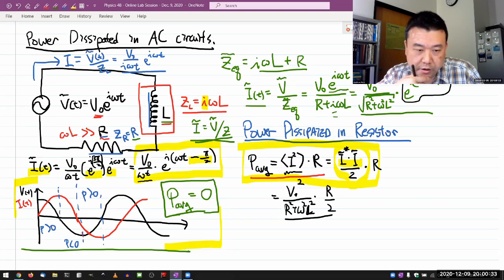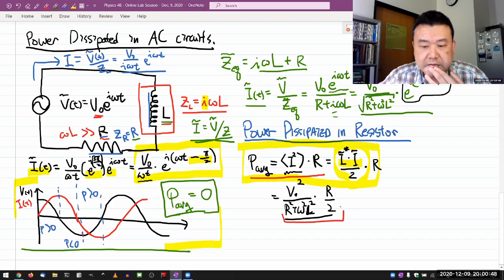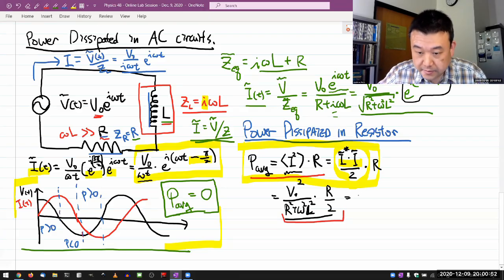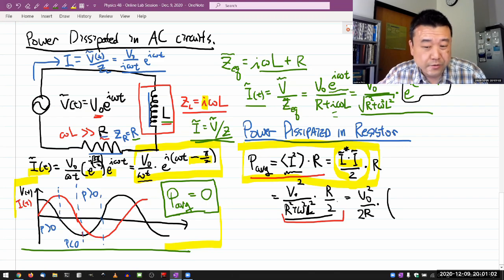The scenario I'm trying to build up here is this. So right now with this circuit, this is the expression that you have for power dissipated. Let me rewrite it this way. I'm going to rewrite it as V naught squared over 2R times, what I've basically done is multiply top and bottom by 1 over R squared.